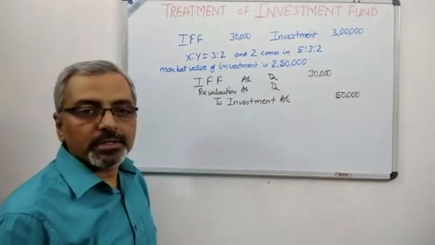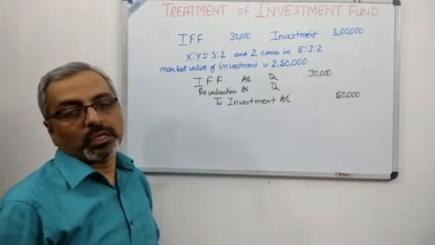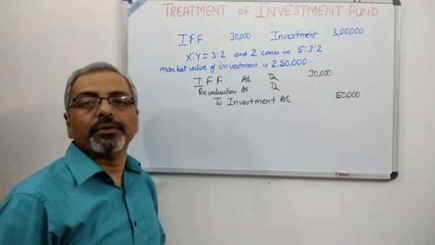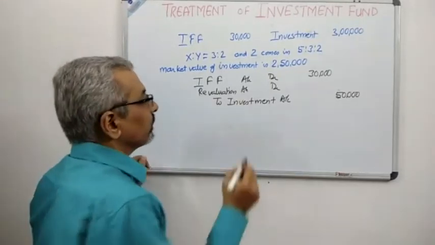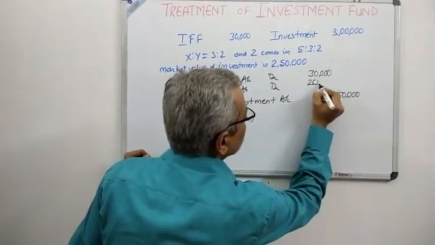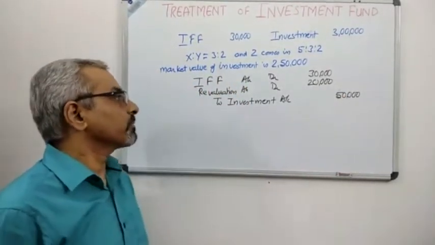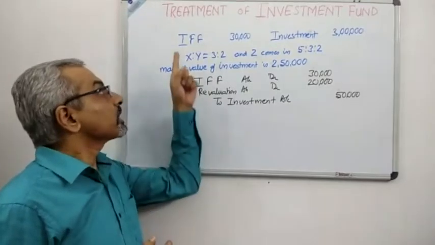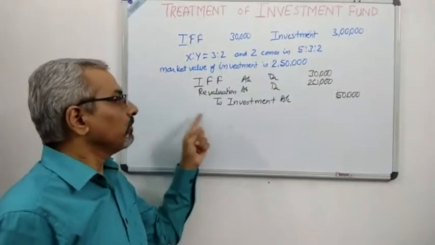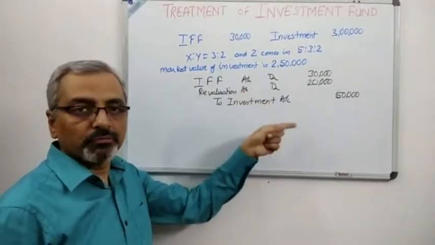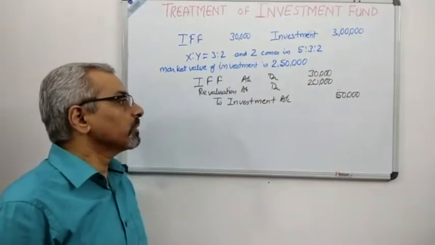The debit side and the credit side does not tally, and you know whenever we pass journal entries, the debit side and credit side should tally. So the balancing figure would be going to the revaluation account, that is 20,000. So now we have got the journal entry investment fluctuation fund 30,000, because that was what was given in the question. Revaluation account is the gap which we have filled, 20,000, and to investment 50,000.